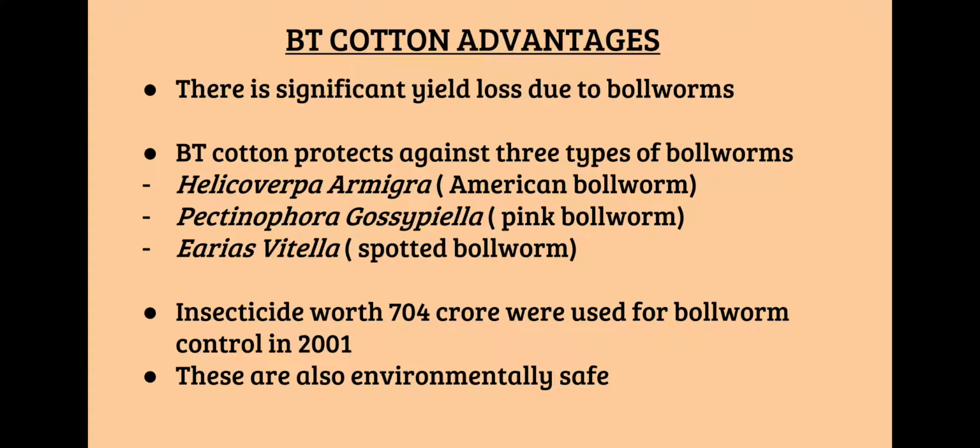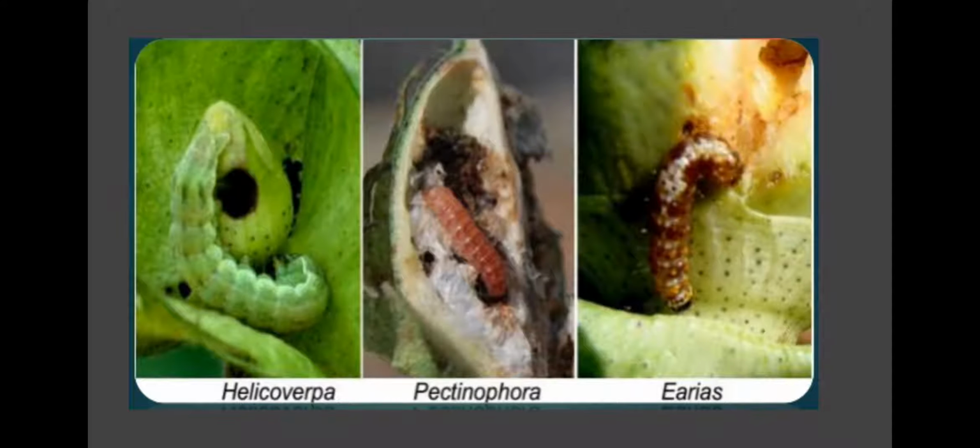So there is a lot of money saving there. And then these are environmentally friendly. That means if any other organism ingests this, it will not die or there will not be any adverse effects. These are the three bollworms which infect. There is the spotted bollworm, then the pink bollworm in the middle, and then the Helicoverpa.